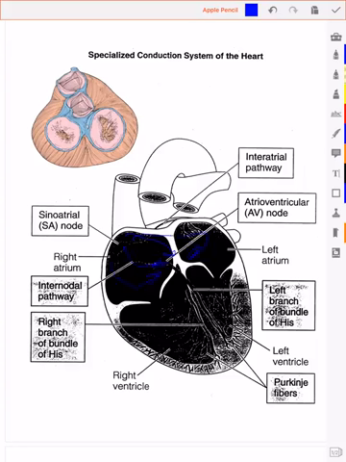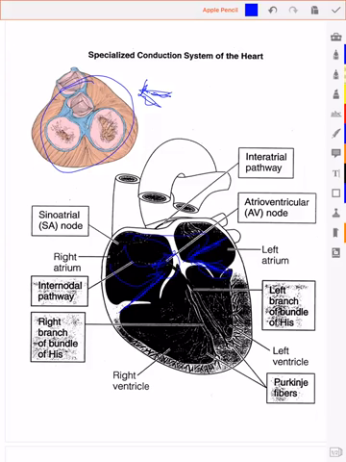And then it hits what we call the AV node, or the atrioventricular node, and all the action potentials go through that node. There is a layer of fibrous tissue here and here, which is an insulating layer. That means it does not conduct action potentials. And so the action potential can't get to the ventricle because this layer is between the ventricle and the atria.